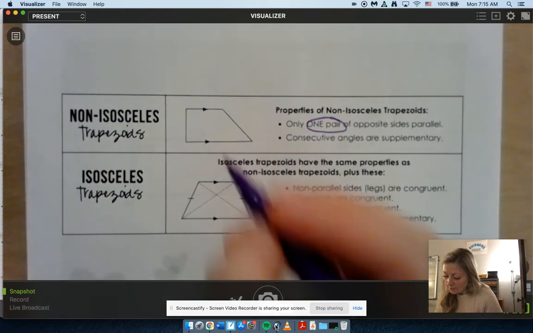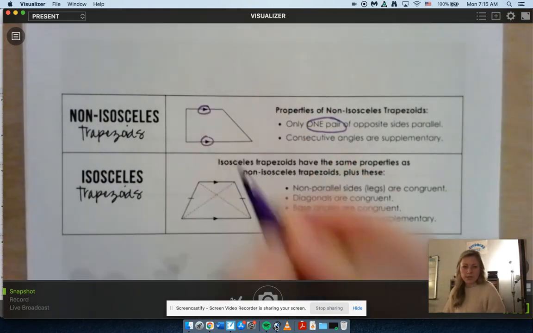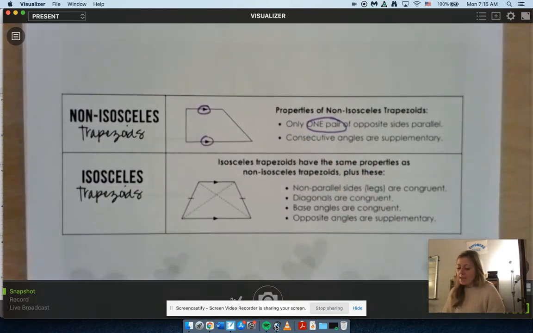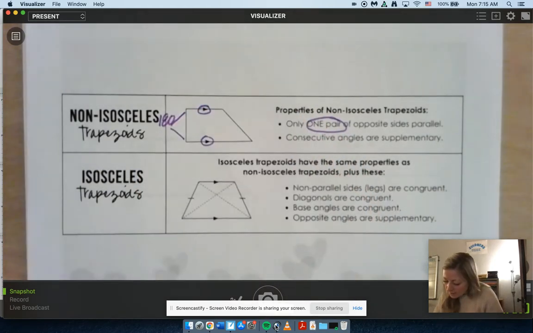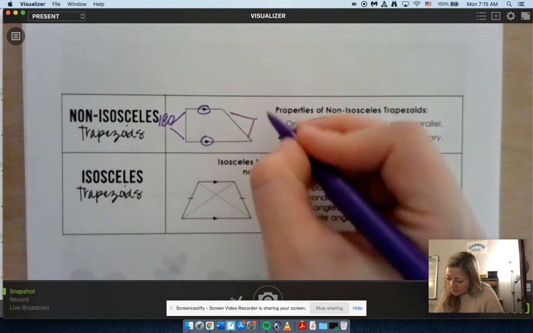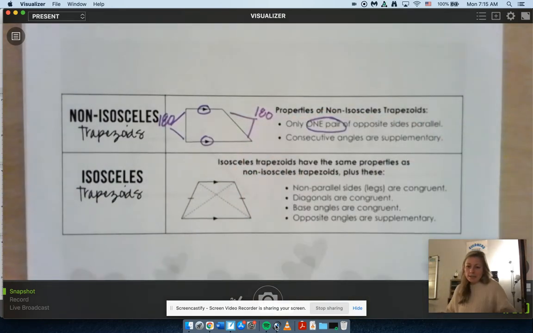So that's why we get the little triangles right there, because those two sides are parallel. And then the other big property is that consecutive angles are supplementary. So like these guys here, the ones that are on top of each other, those guys add to 180. And these guys add to 180. And that's kind of like all we really care about for a non-isosceles trapezoid.